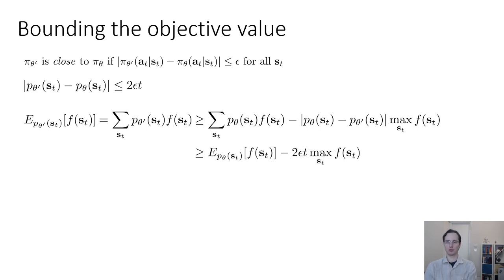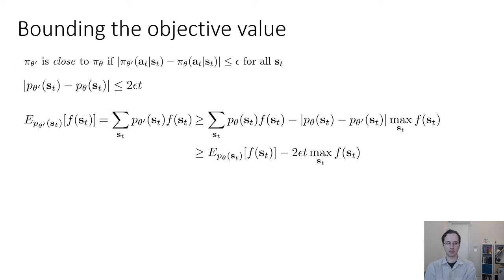Then all we do is take that first term, and we notice that it's just the definition of the expected value under p theta, and we take the second term and replace it by our bound on the total variation divergence. This means that the expected value under p theta prime of f is bounded below by its expected value under p theta minus an error term, which is 2 times epsilon times t times the largest value that f can take on.